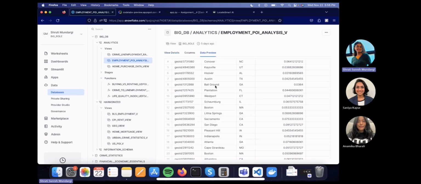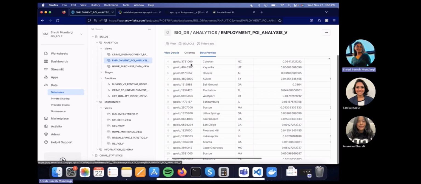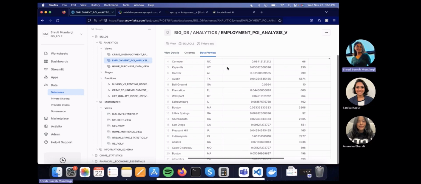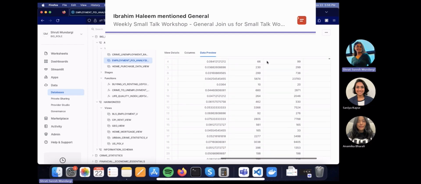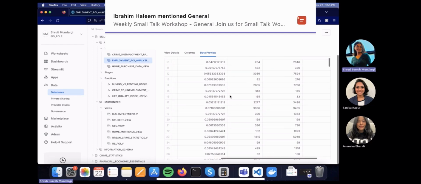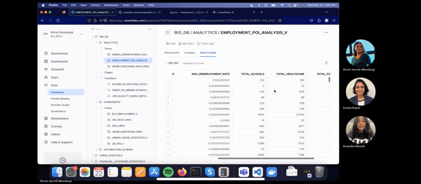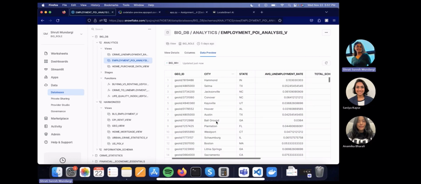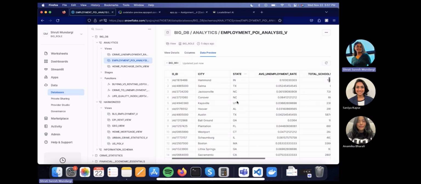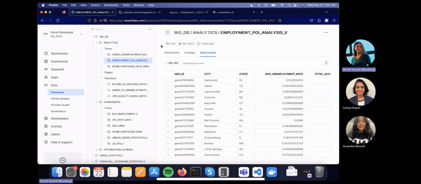So in the data you can see the geo ID, the geo name, the state name, the unemployment rate, and the total number of schools, healthcare, cafes, or any sort of restaurants available in that area. So this table gives you information about what kind of quality of life you will be able to experience.